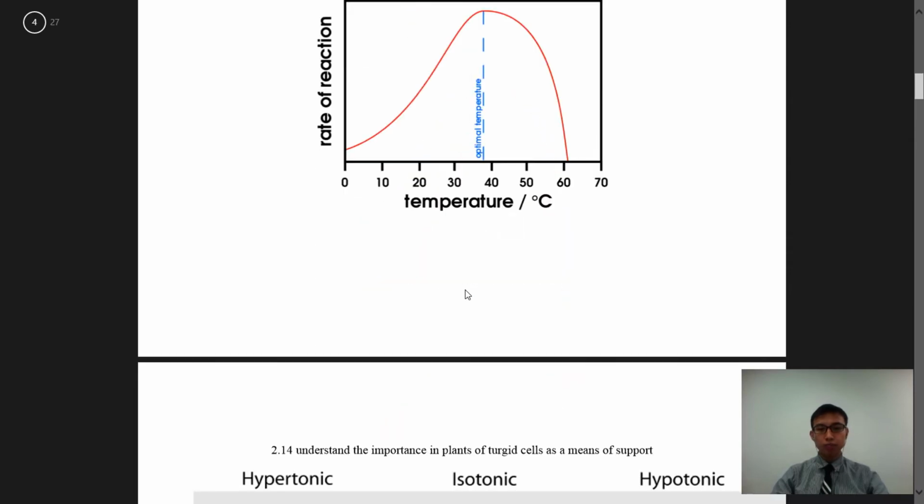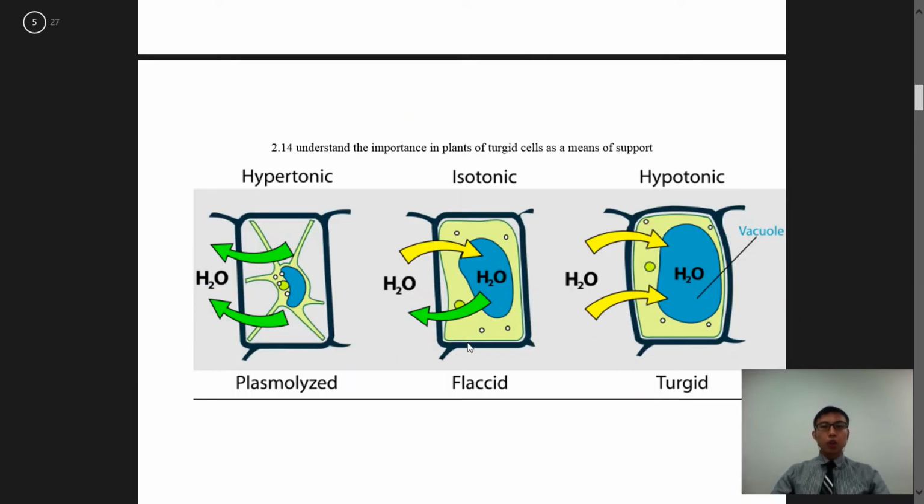Okay, now you have to know that it's important for plant cells to stay turgid. So let's look at the one in the center first. This is flaccid, and basically there's some water inside the cell vacuole, but it's not really filled with water, okay?